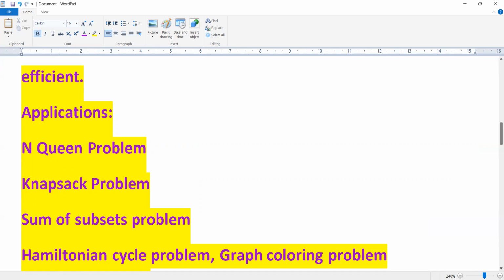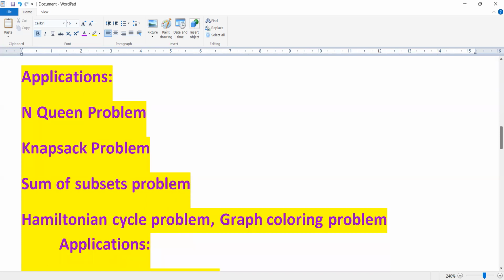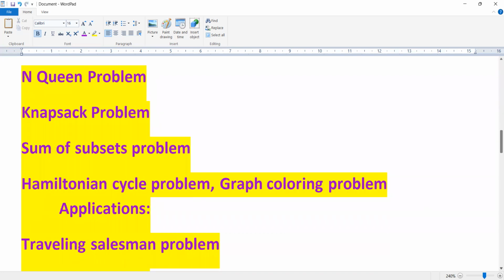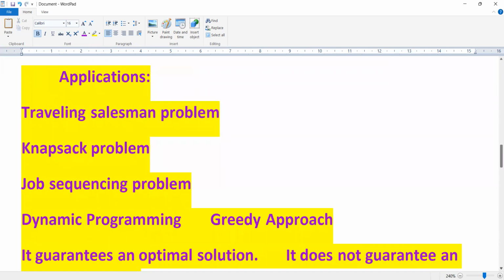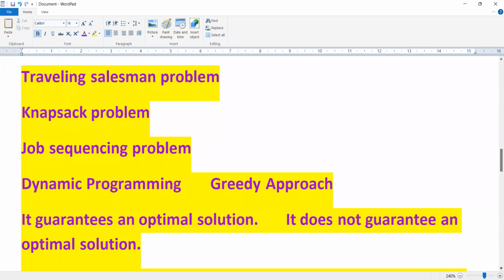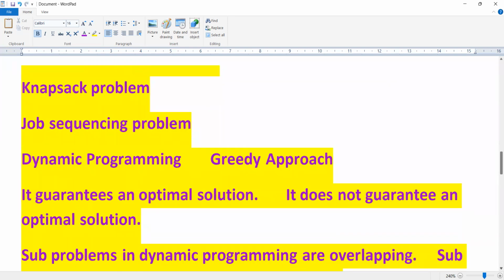Backtracking applications are the N-Queens problem, knapsack problem, sum of subsets problem, Hamiltonian cycle problem, and graph coloring problem. Applications of branch and bound are the traveling salesman problem, knapsack problem, and job sequencing problem.